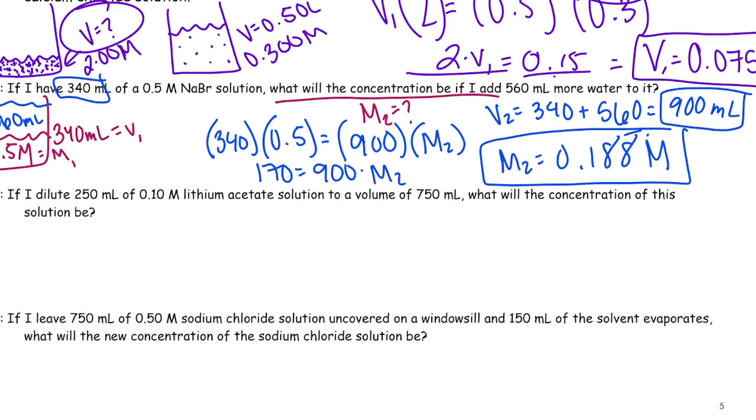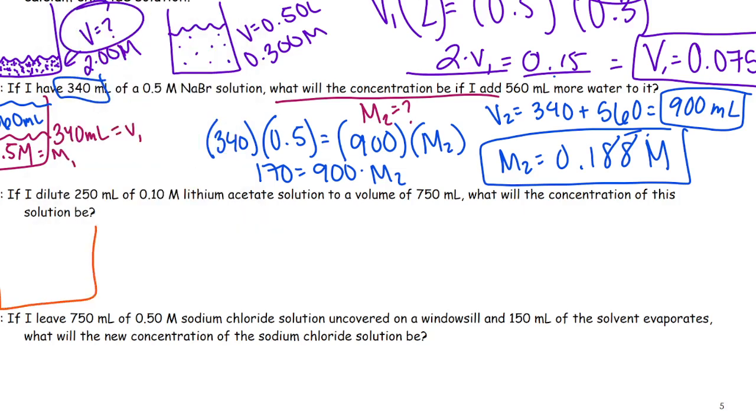All right, 2 more practice problems, and then we are done with all of our notes for this unit. Example 3 says, if I dilute 250 milliliters of 0.10 molar lithium acetate solution to a volume of 750 milliliters, what will the concentration of the solution be? So this question is a little bit different.